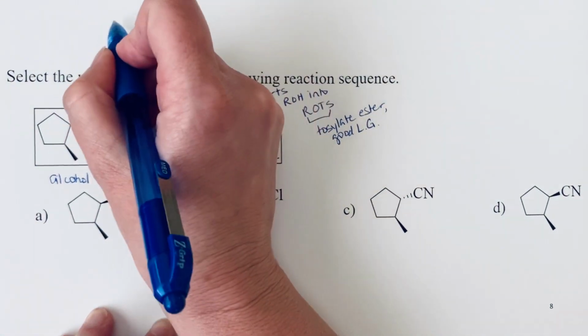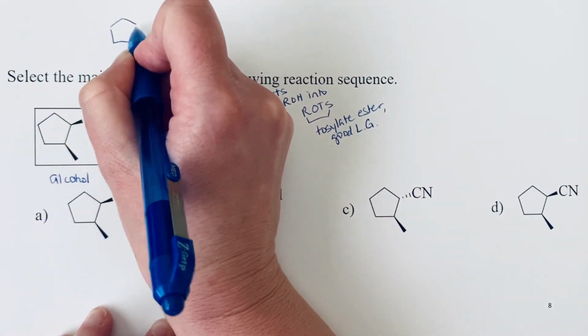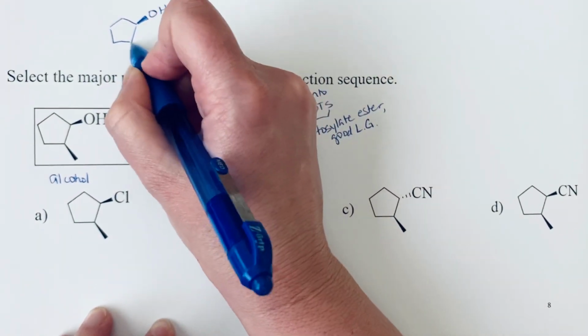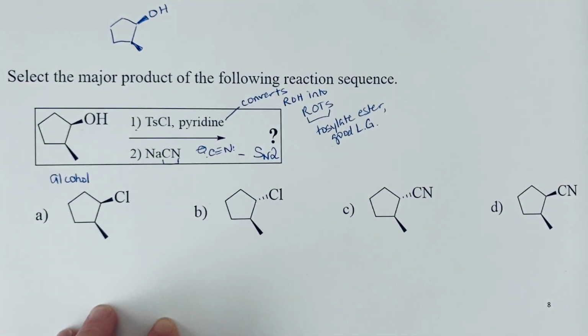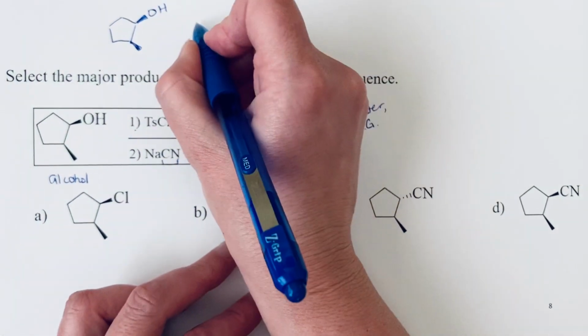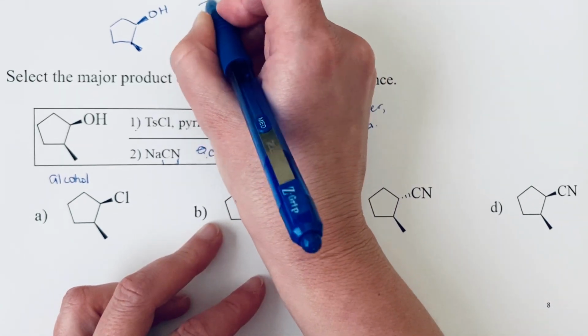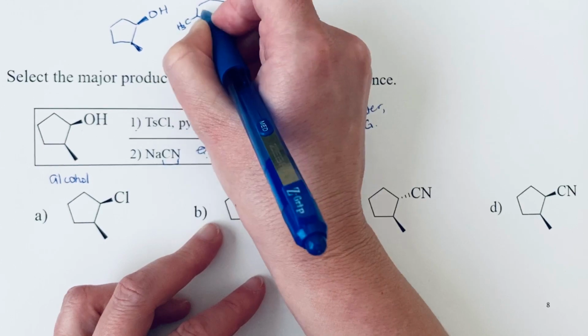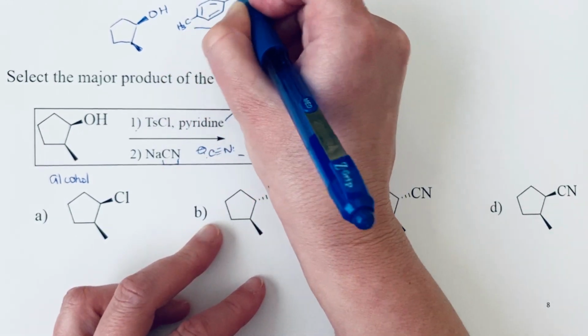So for the first step, you have an alcohol, and it's reacting with tosyl chloride. Tosyl chloride is a rather large structure, so we will draw it, and afterwards we will abbreviate it with just the Ts.